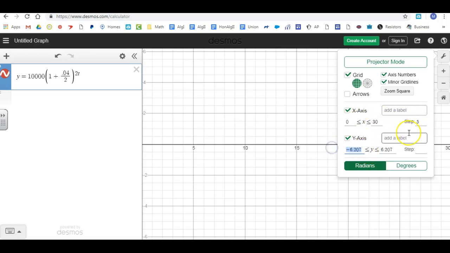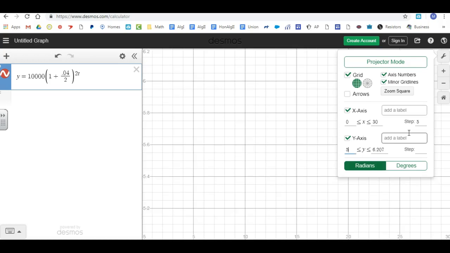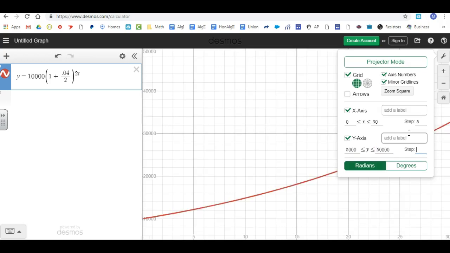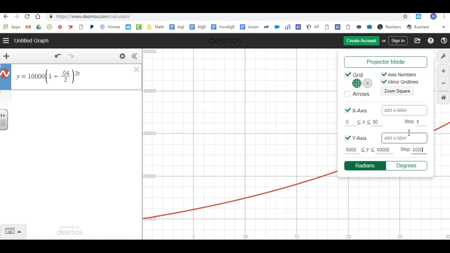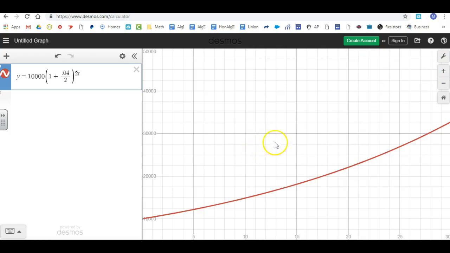For my y values, I know I'm not going to have any lower than 10,000 in the account, but just so I can see the y-intercept show up, I'm going to put 5,000. Then I'm going to go up to a value of, let's say, 50,000, and count by 10,000. Alright, and then if I hit this little wrench, that'll go away.